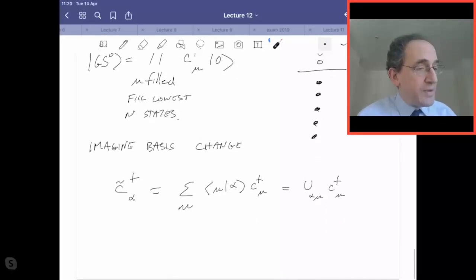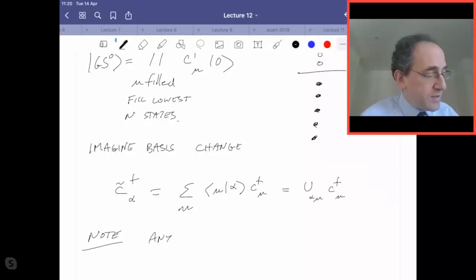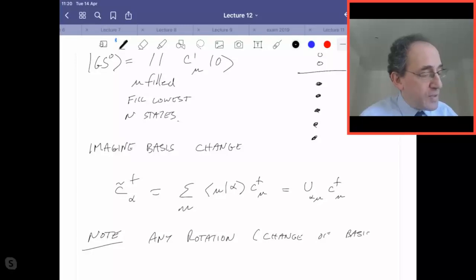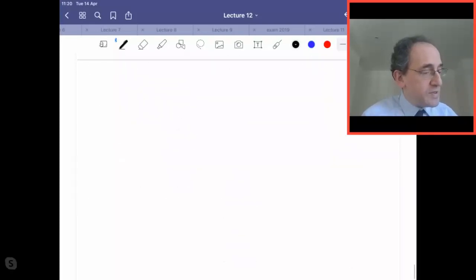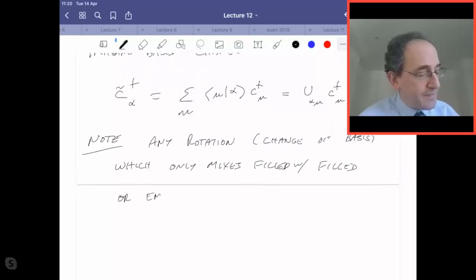Okay. Now, one thing to notice is that any rotation or change of basis, unitary rotation or change of basis, which only mixes filled with filled, or empty with empty, leaves the wave function unchanged.